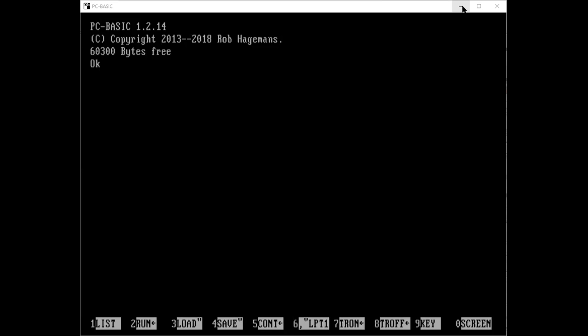A statement is a complete instruction. For example, if I give let a is equal to 5, let is the keyword, and the complete line let a is equal to 5 is a statement, a complete instruction. Keywords can be used in a statement. Nawal, do you understand? Keywords can be used in any statement.